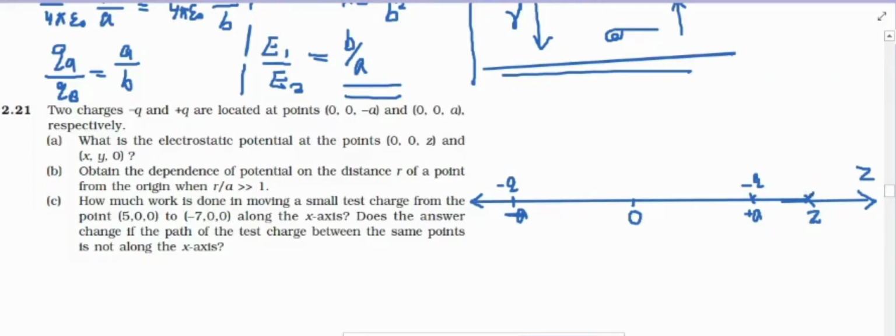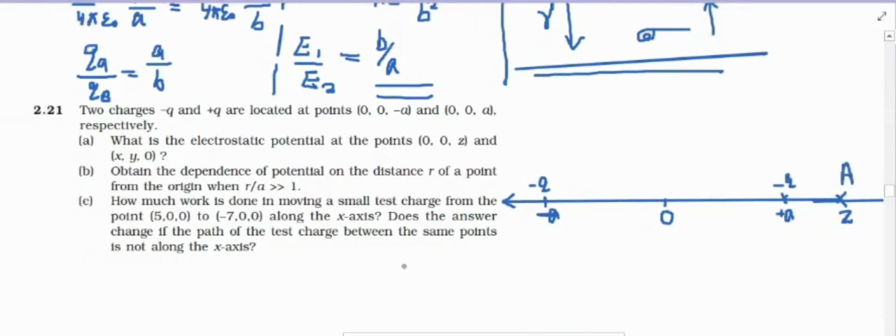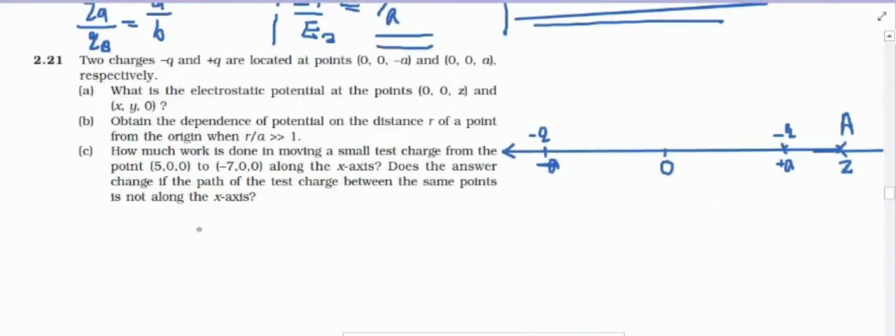We give the name point A to this arbitrary point. Now, what is the electrostatic potential at the point 0, 0, Z? That's the question. We can calculate the electrostatic potential at that point like this.